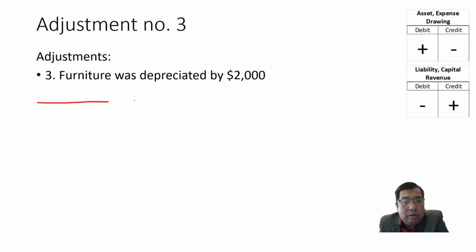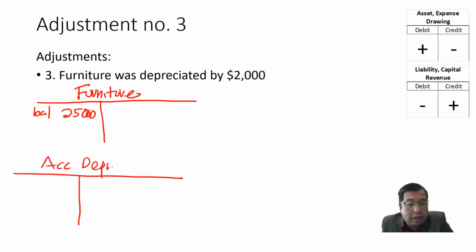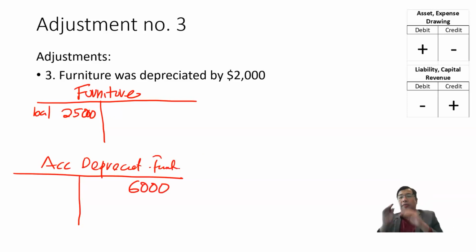So in our accounts, we have our asset account, furniture. The balance is 25,000. And then we have accumulated depreciation for furniture. The balance is 6,000. So by looking at these two accounts, you know that you purchased this furniture originally at a cost of 25,000.